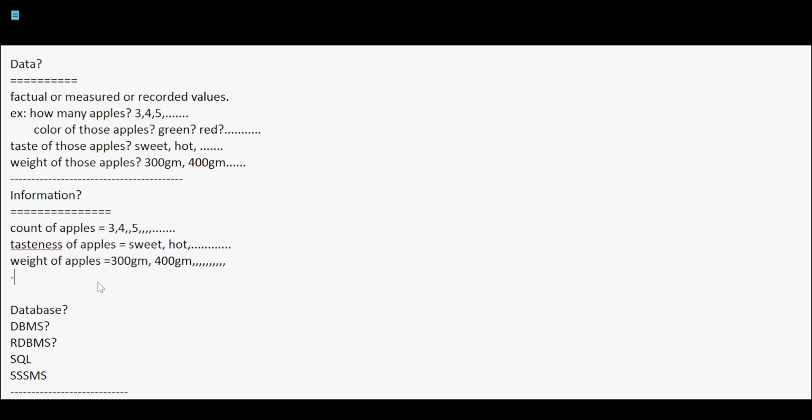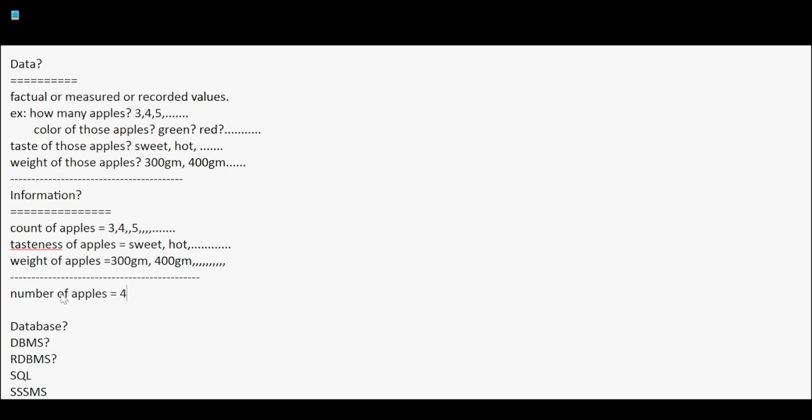Now see, in olden days, if you're going on a way and you find two apples on the way, then you started recording all these values. Recording means you are writing it down on a paper. By looking at it, you're finding how many are there, I mean, number of apples.